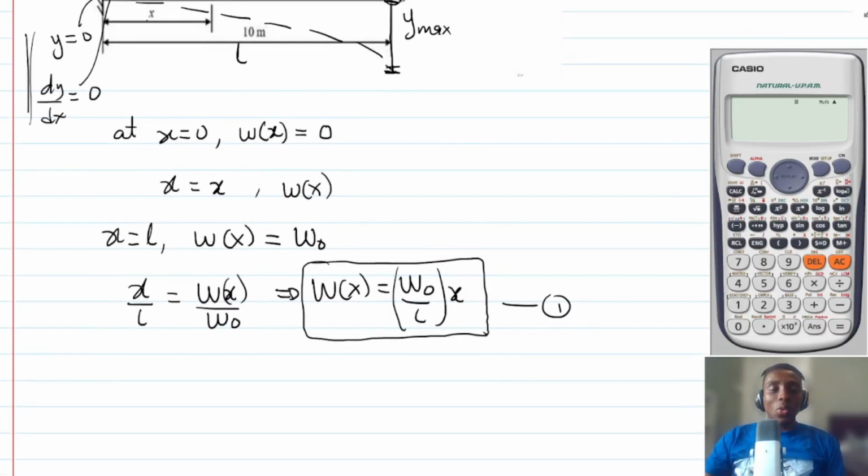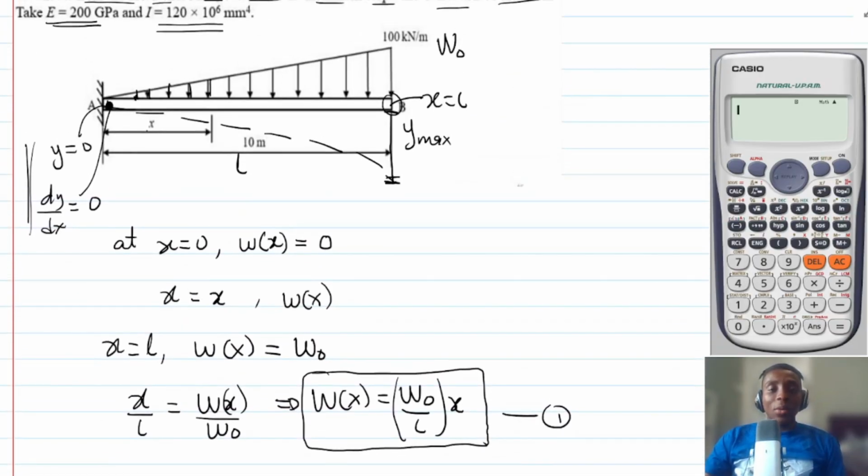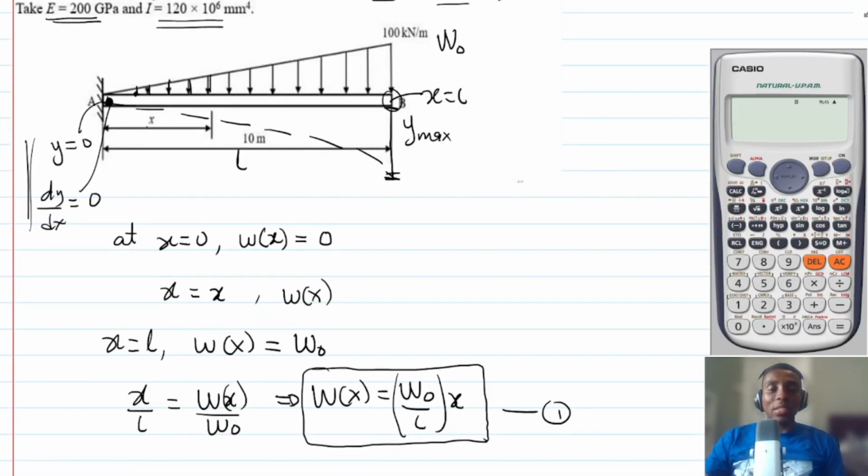So right now we have been able to do the first part. Now there is also another thing we have to understand. This load is a triangular load, so it will behave like a triangle. Whenever you have a triangle, the centroid of a triangle will always act at a distance 1/3 of the base.